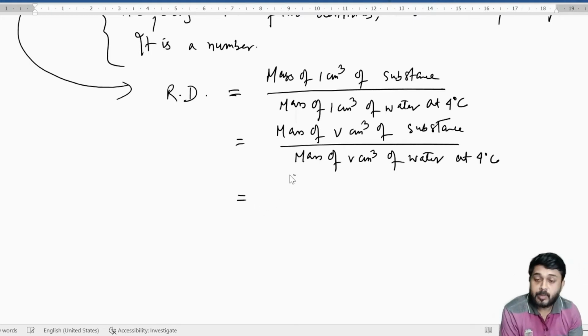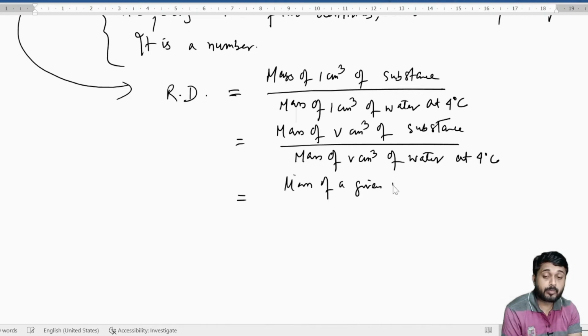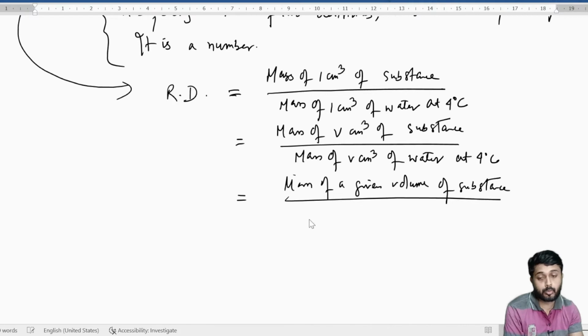Keep it in mind. So we may define relative density also as a ratio of the mass of a given volume of the substance to the mass of an equal volume of water at 4 degrees Celsius.